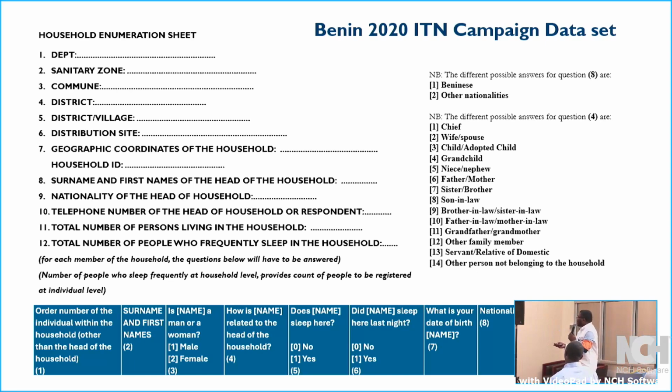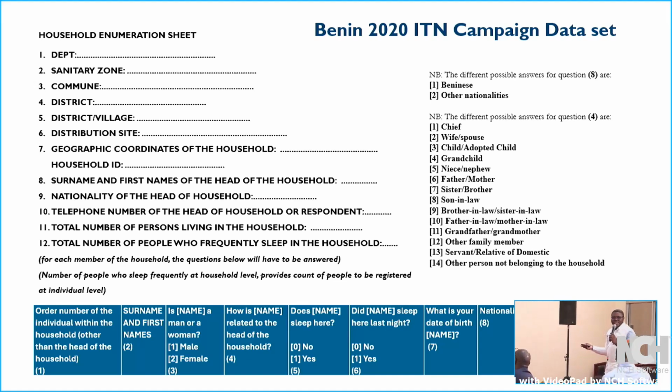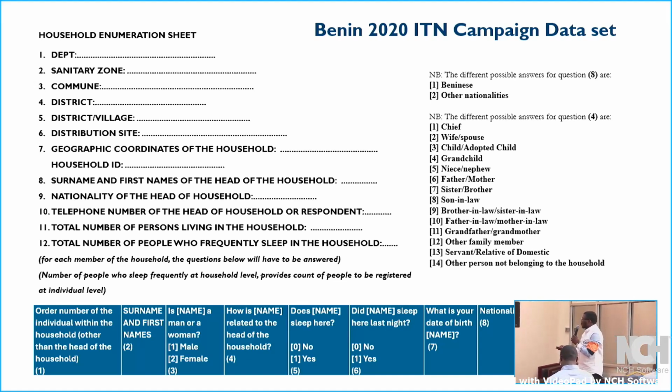Then obviously you have to get the sex information. Then you have to get the relationship between this person and the head of household.